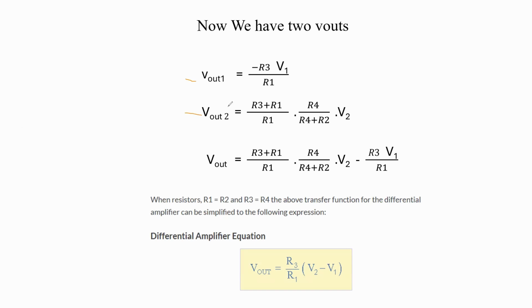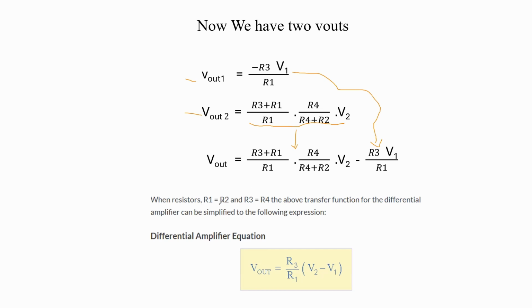Then we combine these two equations to get the total Vout. Then this part goes to this side and this part goes to this side. Then this is the equation for Vout.